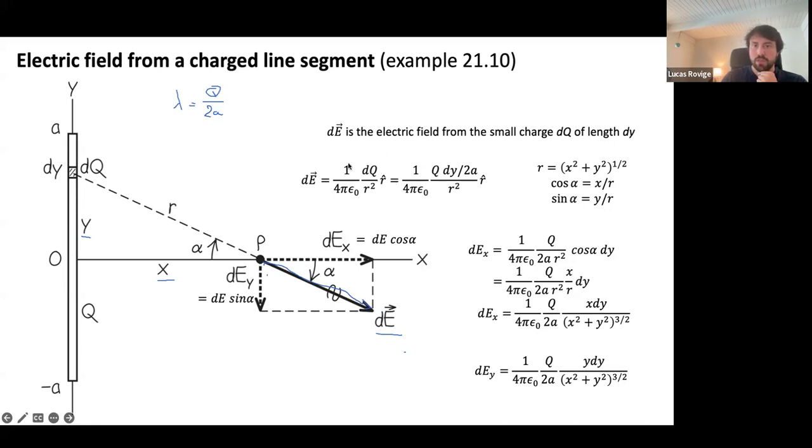And so dq can be expressed as a function of dy. It's just the total charge per unit of length, so lambda, where lambda is q divided by 2a.